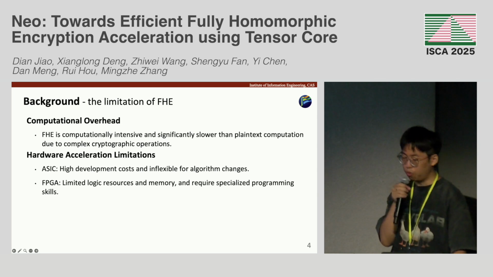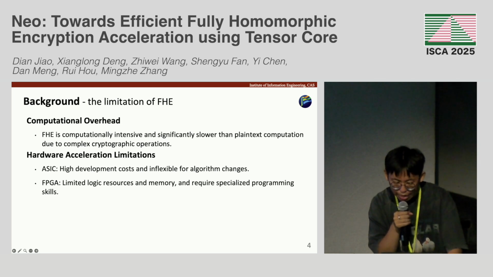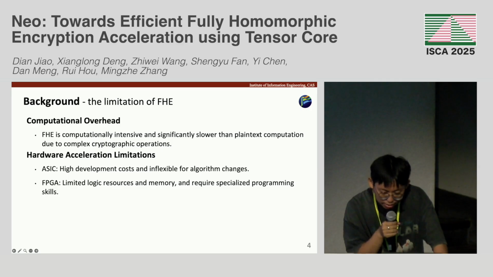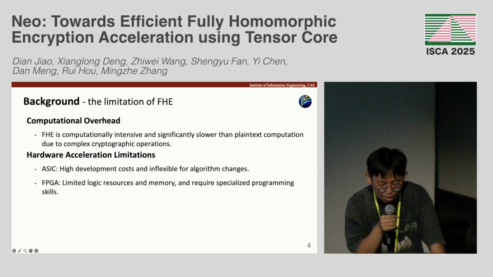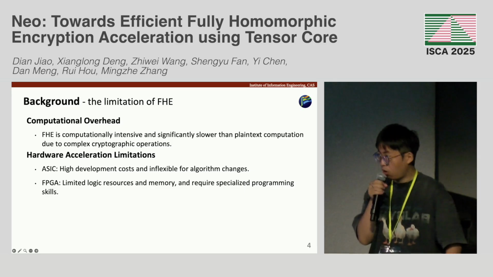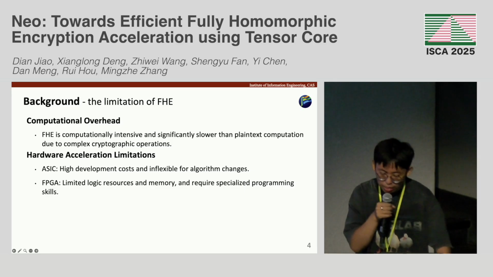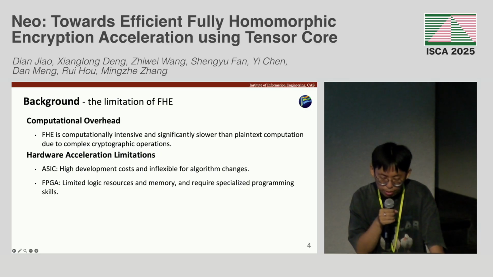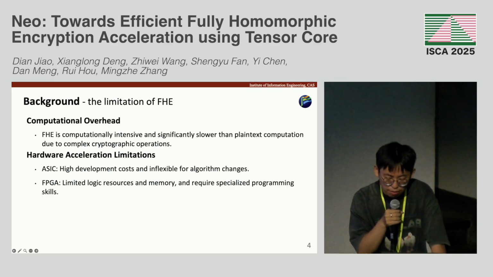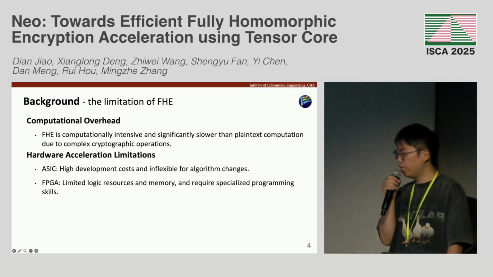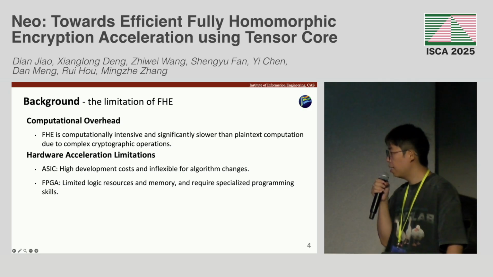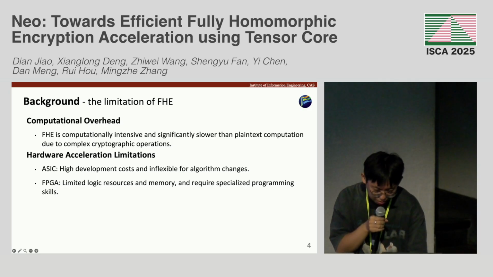Looking at other hardware acceleration options, ASICs have high development costs and lack flexibility for rapidly evolving FHE algorithms. FPGAs also have drawbacks, such as limited on-chip memory bandwidth. This leads us to the third option, GPGPU, which offers a promising balance of cost, flexibility, and performance.